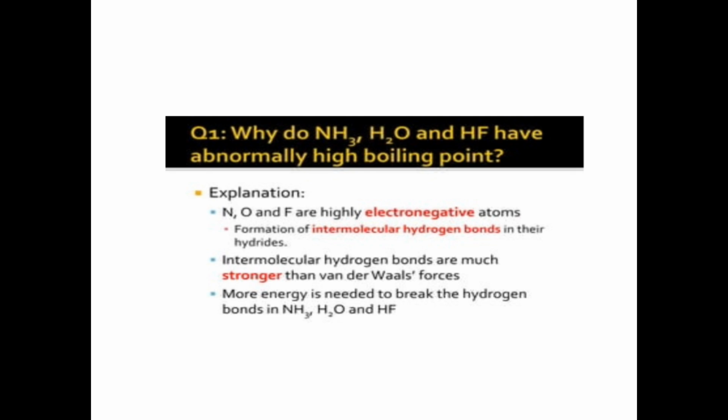And then we notice that of course, they are highly electronegative atoms, so they are going to form predominantly intermolecular hydrogen bonds in their hydrides. Intermolecular, take note of that. And then we have said and established that intermolecular hydrogen bonds are stronger than van der Waals forces. So that means the energy that will be required to break this intermolecular hydrogen bond will be greater, and of course that makes them have a high boiling point.